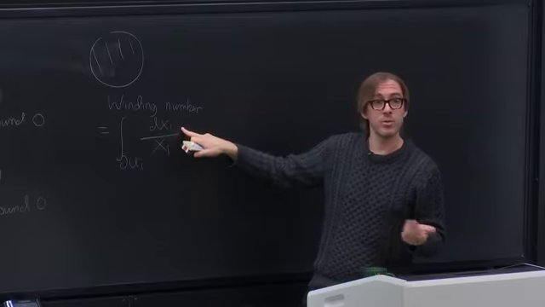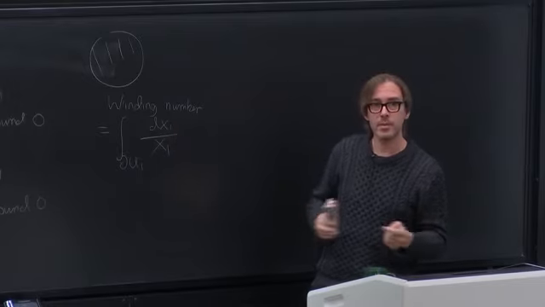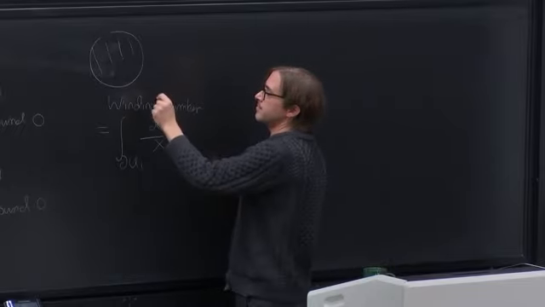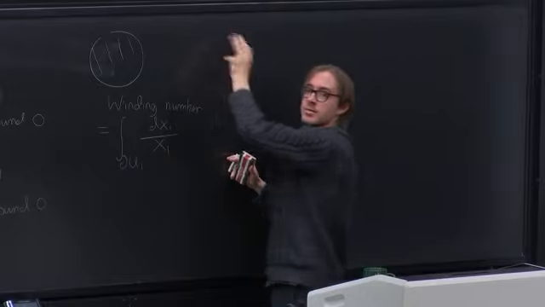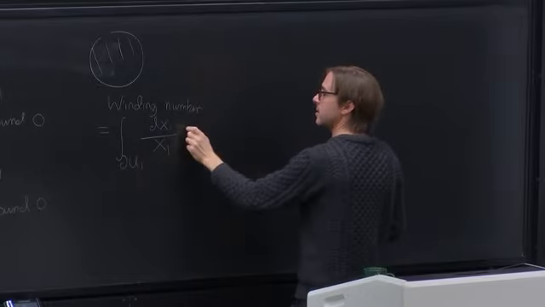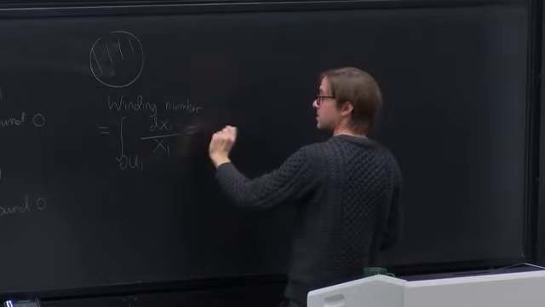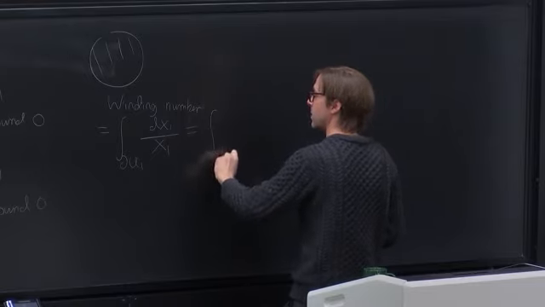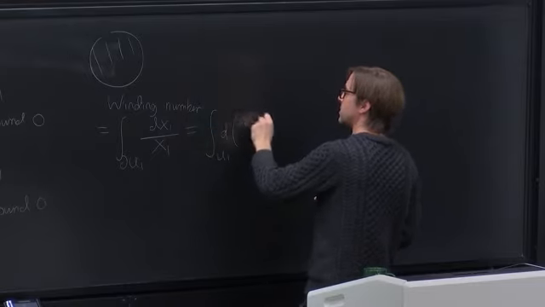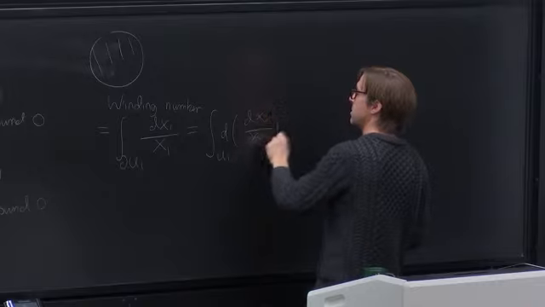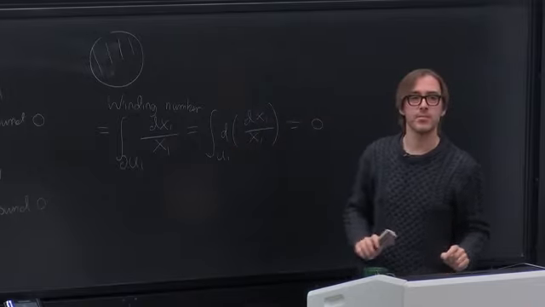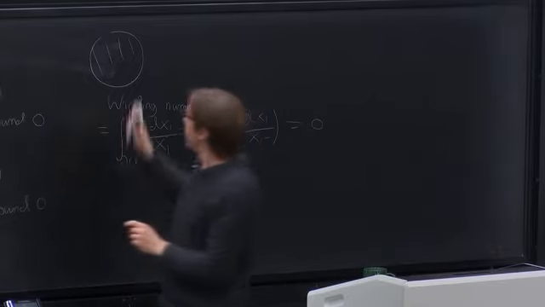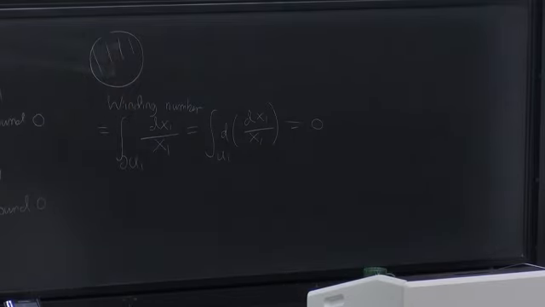This integral is a standard way of representing the winding number, because this guy is the pullback of the volume form on the circle of the target. And this is, by Stokes' theorem, the integral over U1 of d of dx1 over x1, which is 0. This equality is Stokes' theorem. But I like the intuition of thinking about winding numbers.